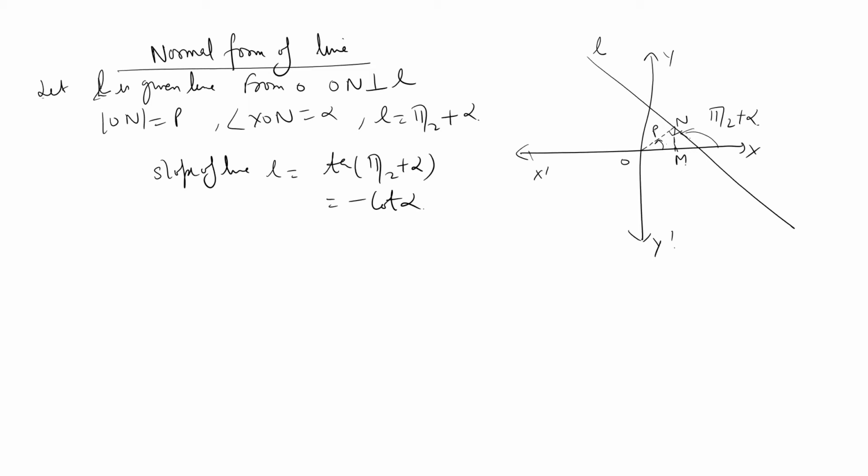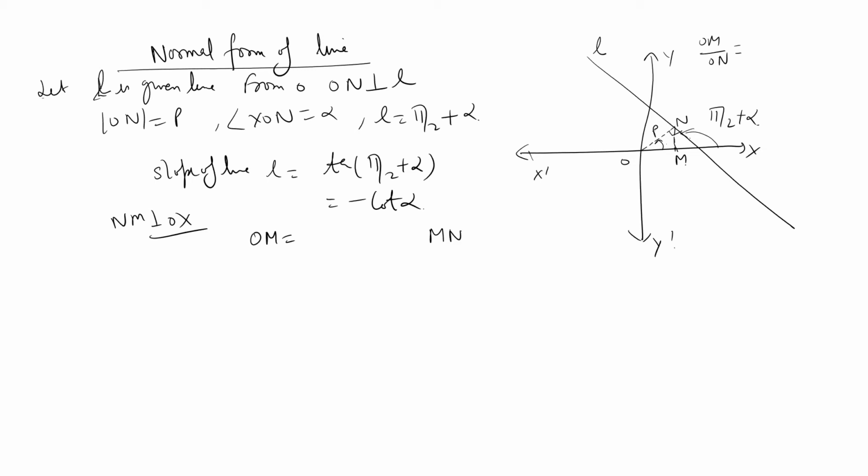Okay. Now I will draw this NM perpendicular on your OX. And I need to make the coordinates of OM and MN using trigonometry. So a little bit of trigonometry you must have done. OM upon ON, base upon hypotenuse.